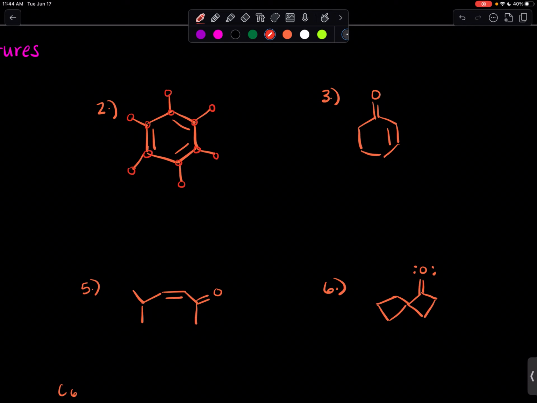But let's do our hydrogens. See how many hydrogens we have. Each time there is a carbon at an end, we know it's going to need 3 hydrogens because of the octet rule. So each end is going to have 3 hydrogens.